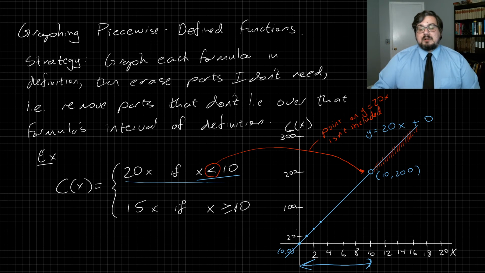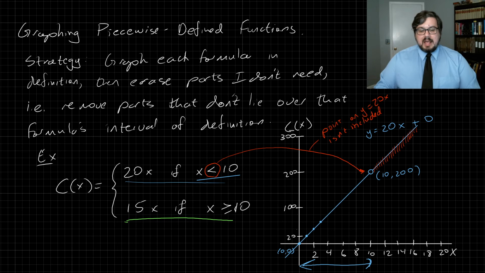So the graph of the function will come right up to the point 10 comma 200, but won't actually reach it, because the blue line doesn't apply when x actually equals 10. All right, so there we go. Let's do the second one.